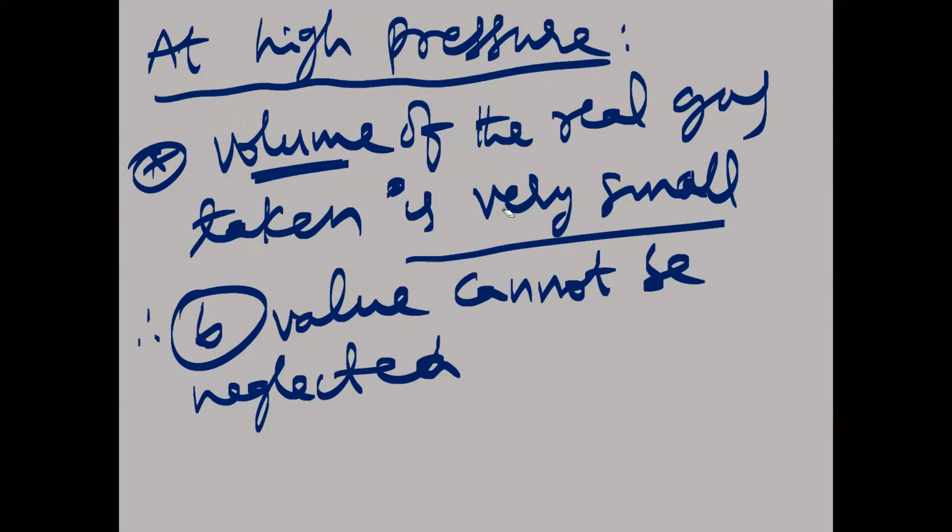Now what about A by V square? A by V square can be neglected in comparison to the high pressure of the gas. When you compare with the high pressure of the gas, the pressure correction can be neglected.